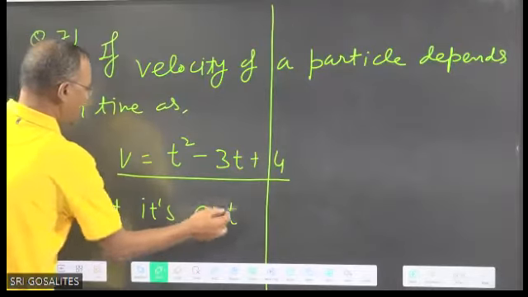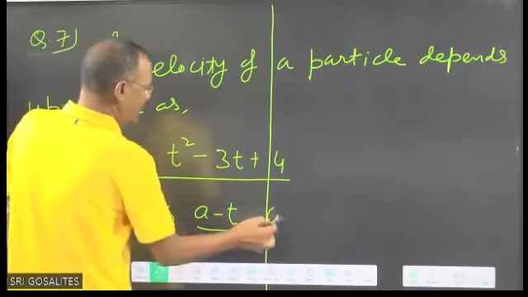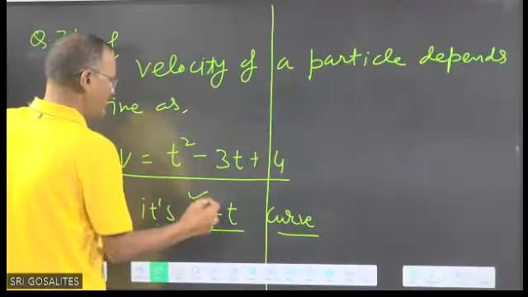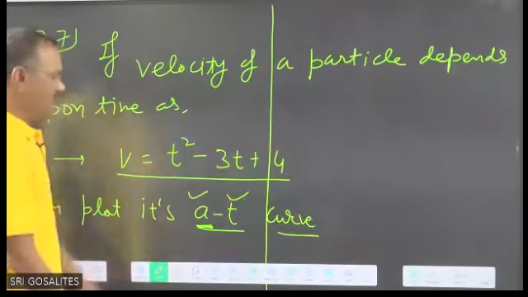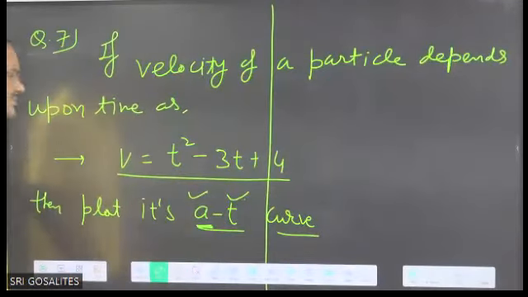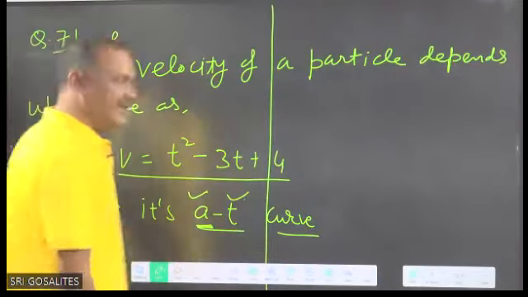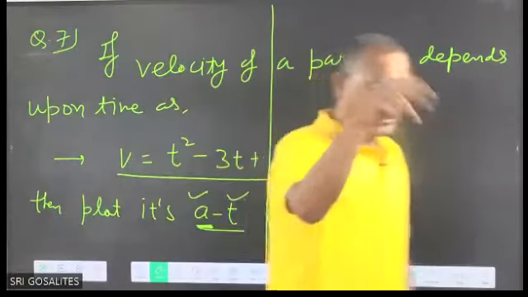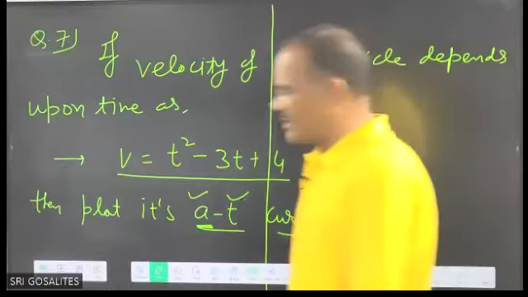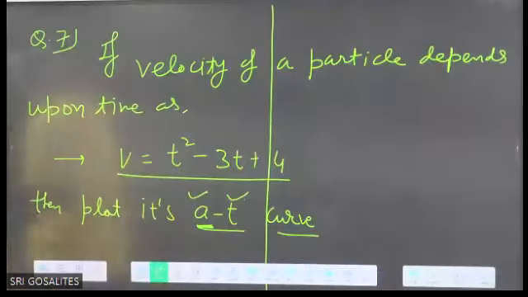its AT curve. AT curve means what? A stands for what? Acceleration. And T stands for time. Yes, that is linear, I do know. But you plot it, how it will be, with positive slope, negative slope, or positive intersection or negative intersection.